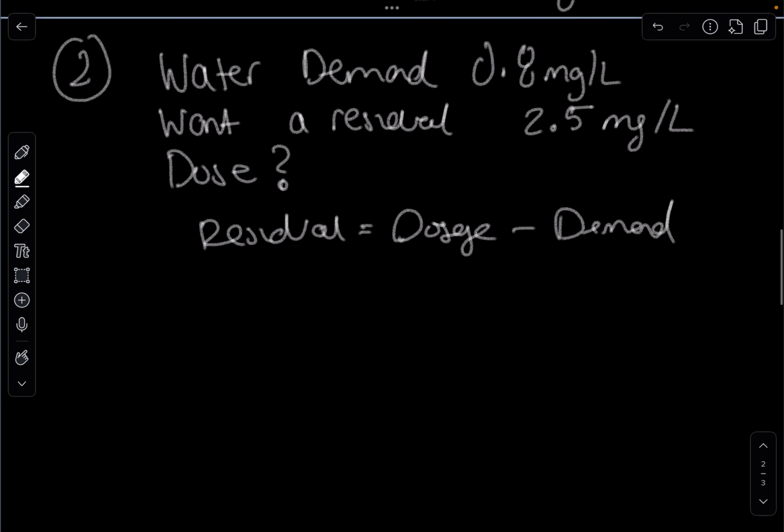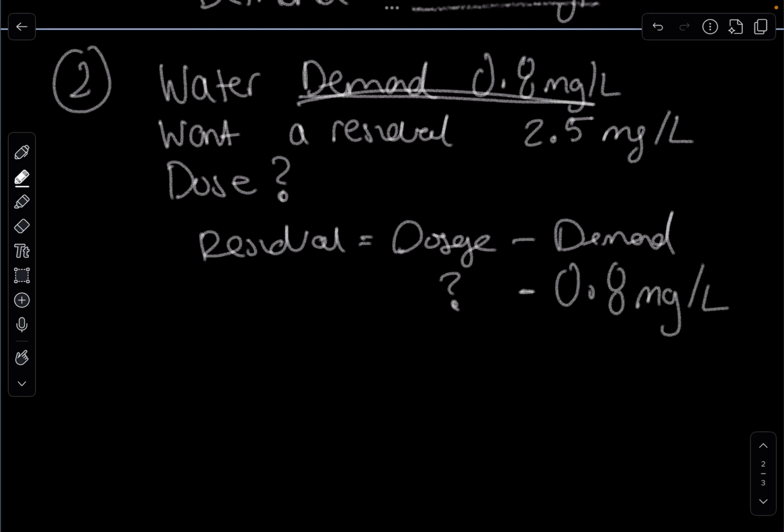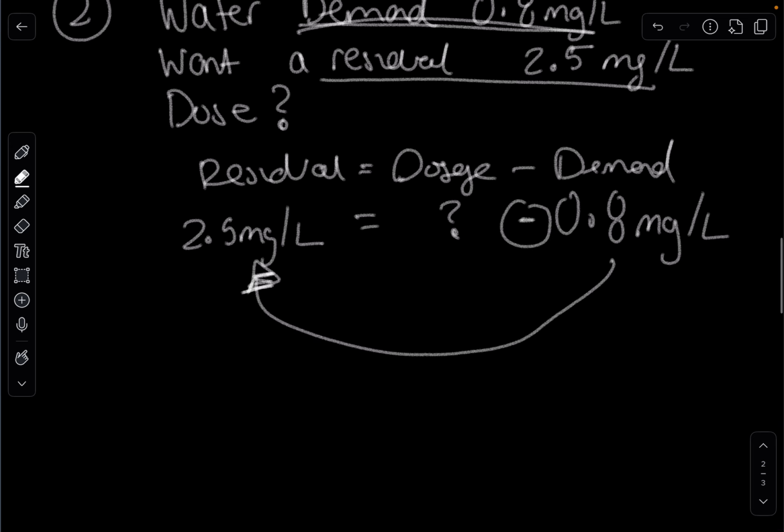All right, so this time we're looking for dosage. So I'm going to put a question mark here. I know that the demand is 0.8 milligrams per liter. And again, I'm going to plug and play. I know my residual is 2.5 milligrams per liter. So we want the dosage on its own. So I'm going to move the demand over to this side. And when I do that, the sign flips.